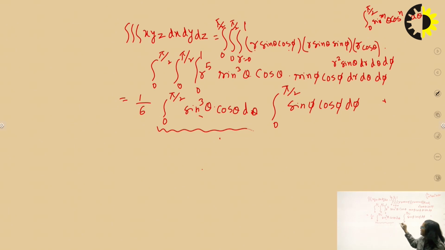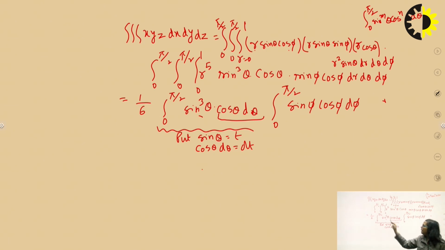But I am here taking the traditional method. To evaluate this integral, I put sin theta equal to t. If I differentiate it, I get cos theta d theta equal to dt. So this cos theta d theta will become dt, and in place of sin theta I can put t. Look at the change in limits. At the lower limit 0, sin 0 is 0, so t takes the value 0.